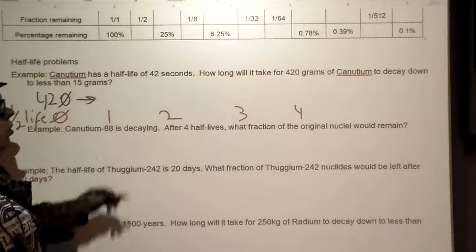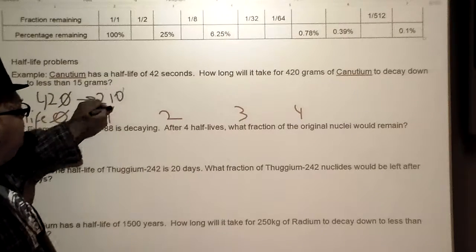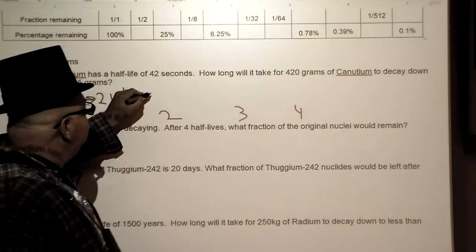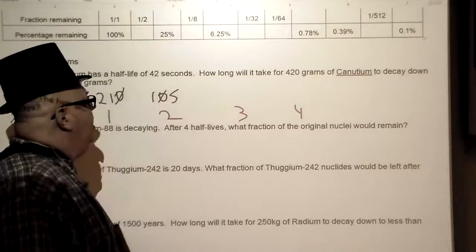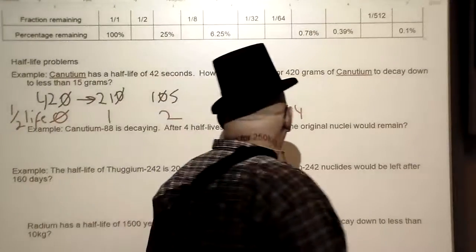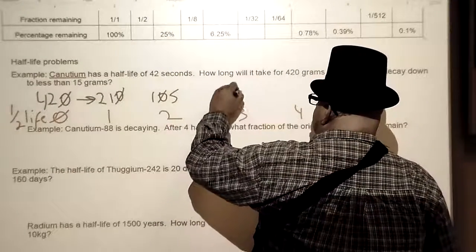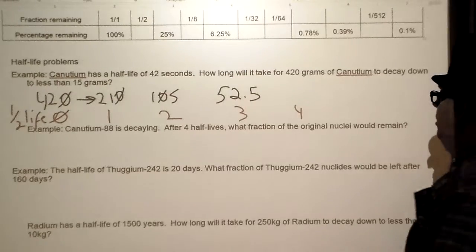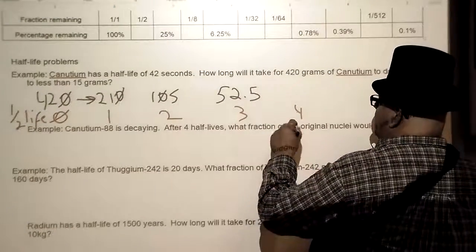Well, half of 420 is 210, isn't it? Because you divide it by 2. Half of 210 is 105. Half of 105 is 52.5. Are you guys seeing a pattern here? Now we go on to the next one here.